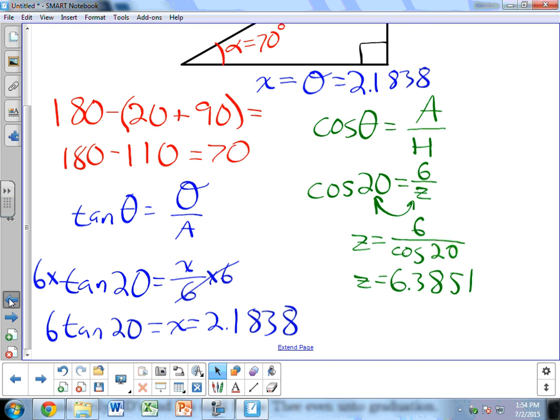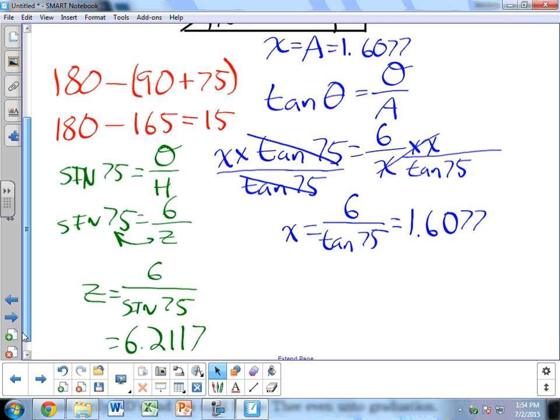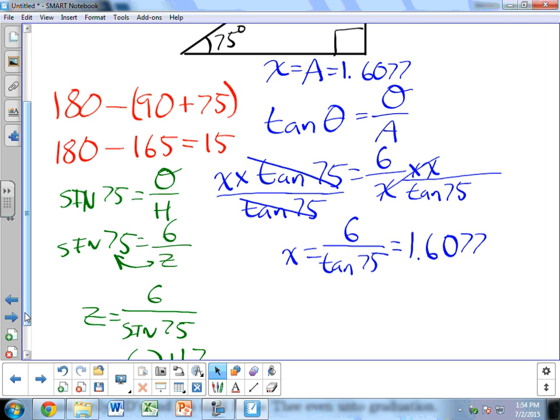And long story short, the big, ugly way was when the variable was in the denominator, so it was 6 divided by x, so we multiply both sides by x, and then it was x times tangent of 75, so we divided by the tangent of 75 to both sides.